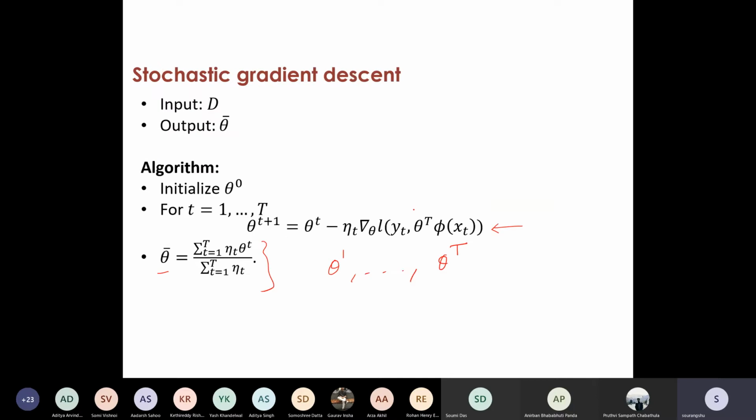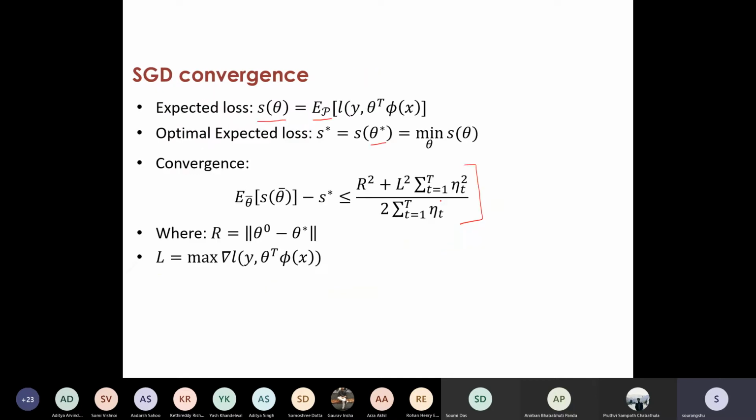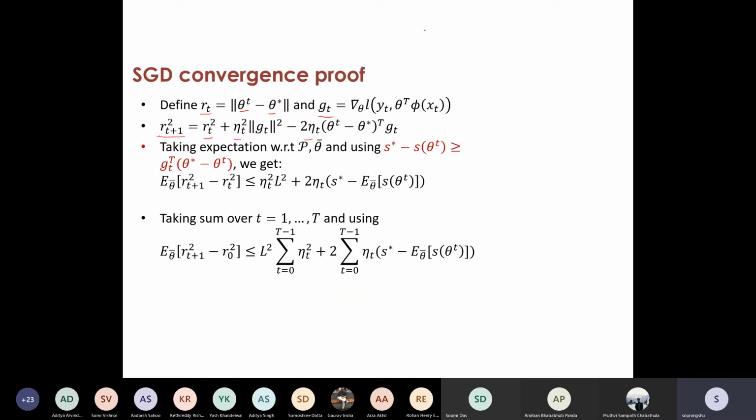Let me write the update equation here: theta t plus 1 is equal to theta t minus eta t GT. If you subtract theta star from both sides, you get RT plus 1 is equal to RT minus eta t GT.